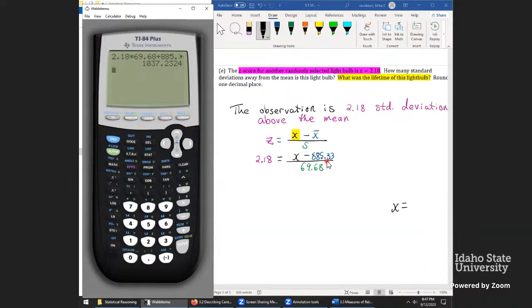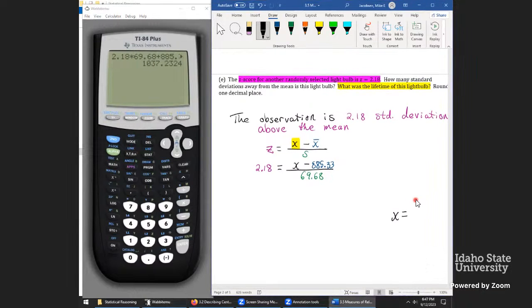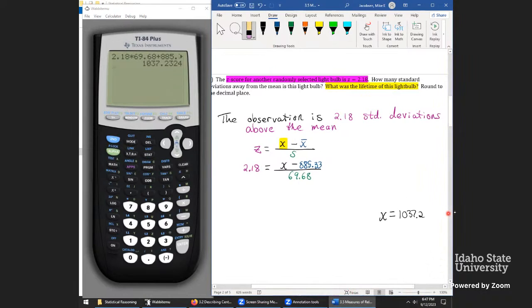You would get 1037. We're doing one decimal place, so 1037.2 hours. I'll put the unit in a slightly more careful way: 1037.2 hours. So we've got it, folks.